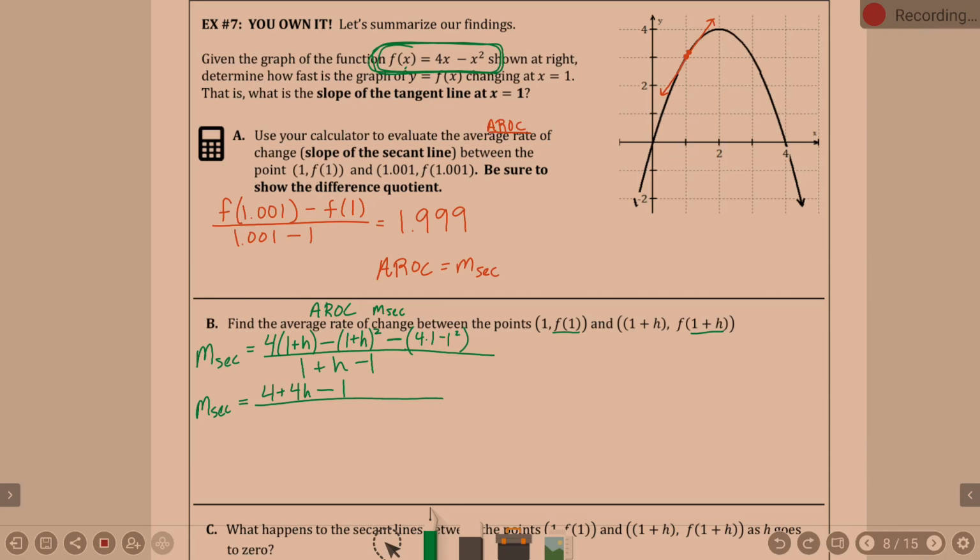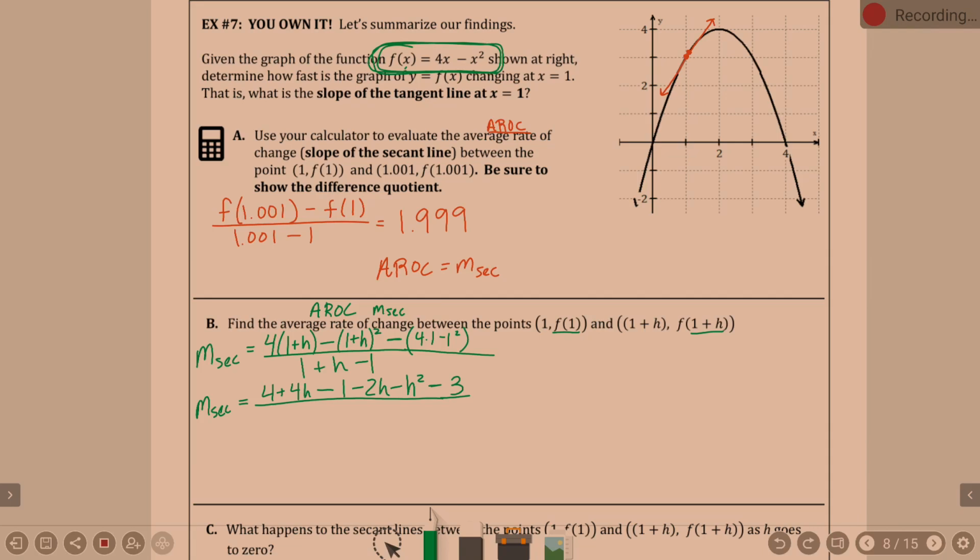Outsides and insides: outsides, 1 times h, 1h; insides, 1 times h, 1h. 1h and 1h is 2h, but we are subtracting. Last, h times h, h squared, but we are subtracting. And then minus whatever that f of 1 was. Minus 3.